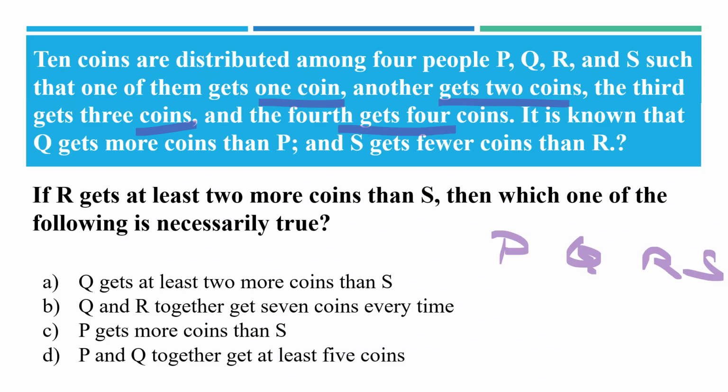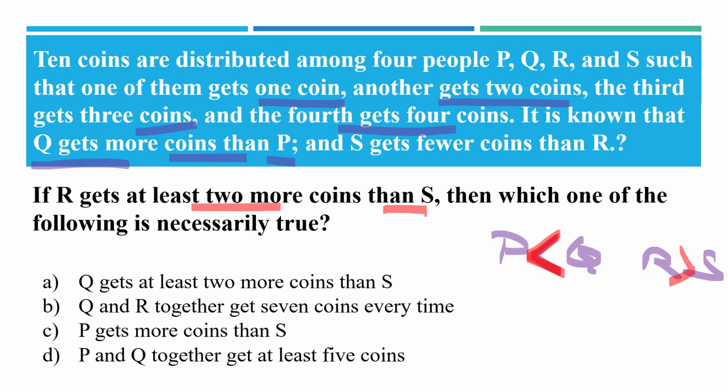It is known that Q gets more coins than P. This is a symbol for greater: Q is more than P. S gets fewer than R. If R gets at least two more coins than S, then which one of the following is necessarily true?